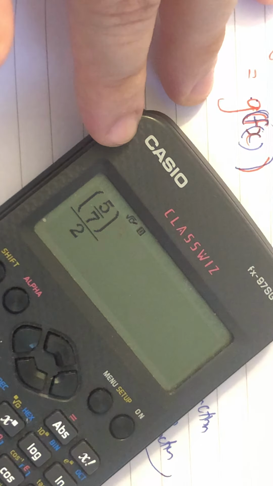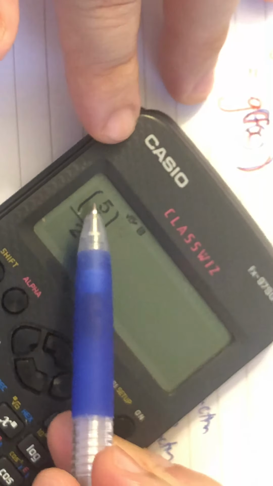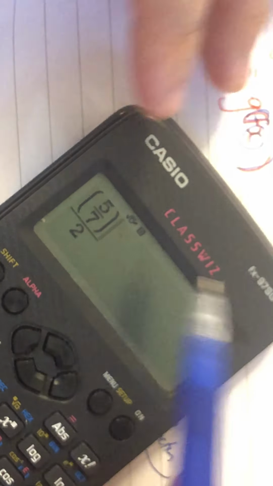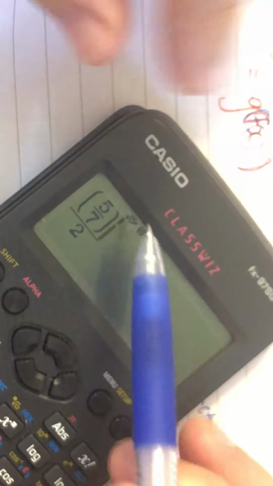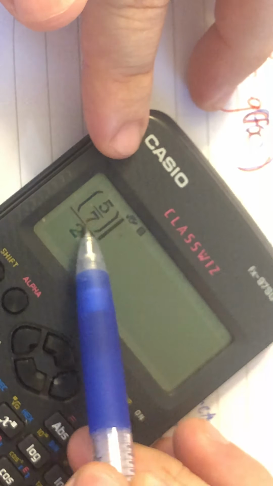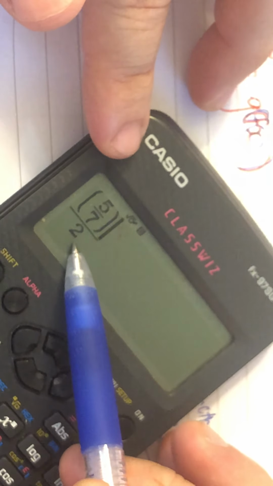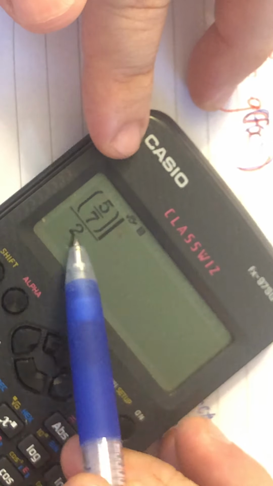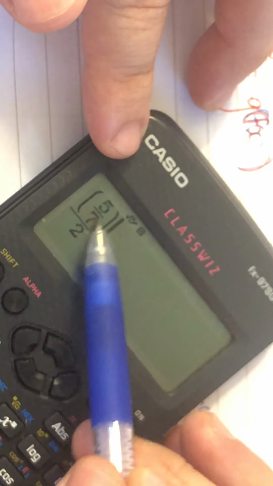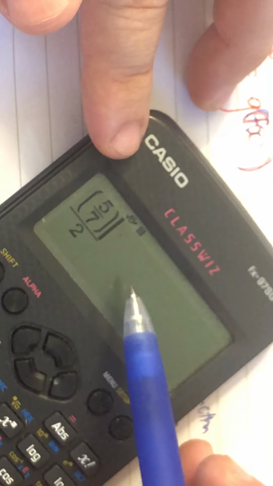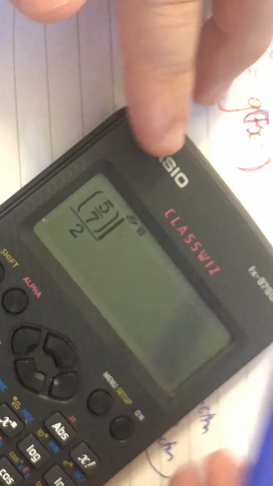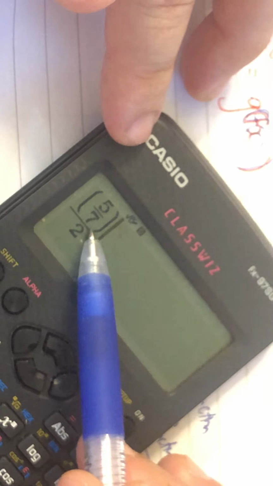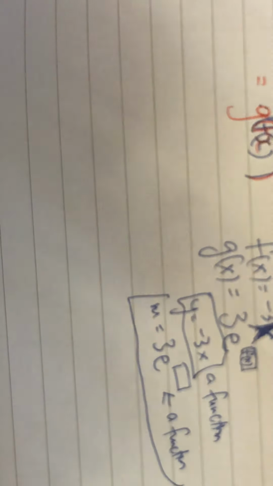I hope you can see. Who is the main fraction? The main fraction is this bracket over 2. This is the outer shell. The inner shell is 5 over 7. I hope this is clear. If you don't understand, you ask me. Next time we do some more.